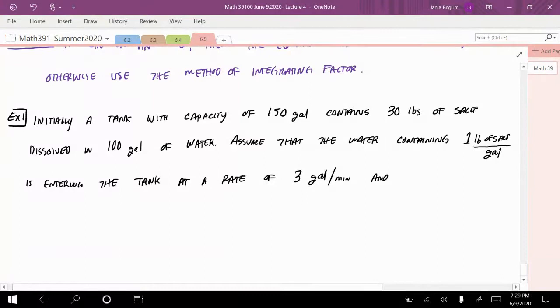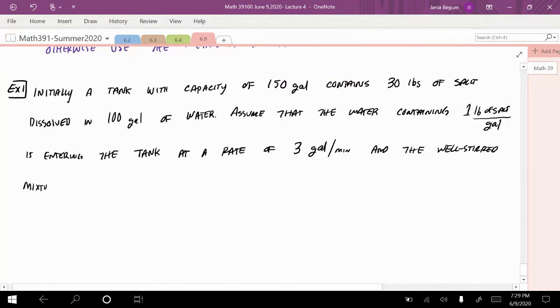And the well-stirred mixture is draining from the tank at a rate of 2 gallon per minute.